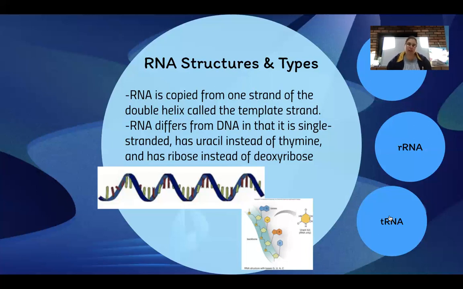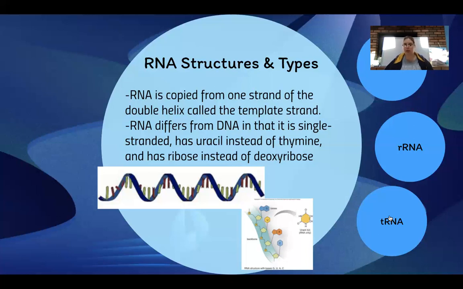And then the sugar in RNA is different than it is in DNA. So remember that in DNA, which is deoxyribonucleic acid, that means it's a nucleic acid that contains deoxyribose as its 5-carbon sugar. Well, RNA has a different sugar in it.